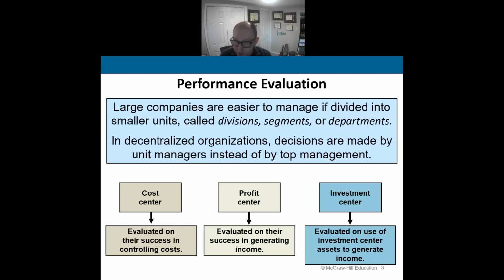It's decentralized. Each dealership has their own way of going about selling the cars. The corporate office just provides them with a name, the brand, the advertising, branding, all that jazz. But operationally, they do what they need to do to get the car sold. So that's decentralized. That's what decentralized means. The decisions are made at the unit level instead of at the top corporate level. Yep.